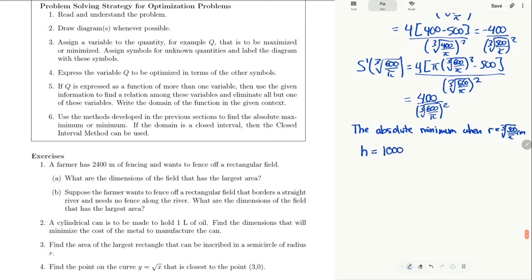We know that the height is 1,000 over pi r squared, so 1,000 over pi times the cube root of 500 over pi, squared. And this is also measured in centimeters.